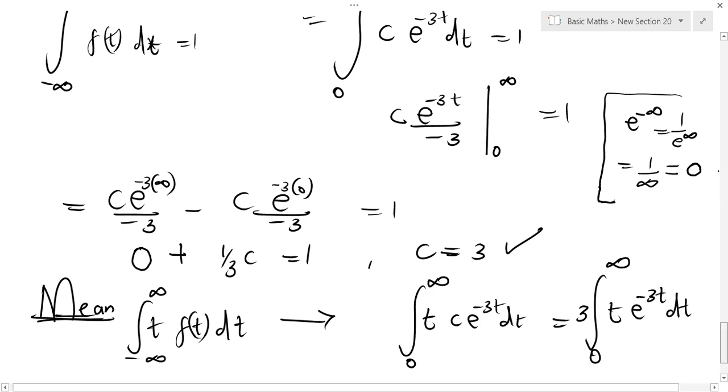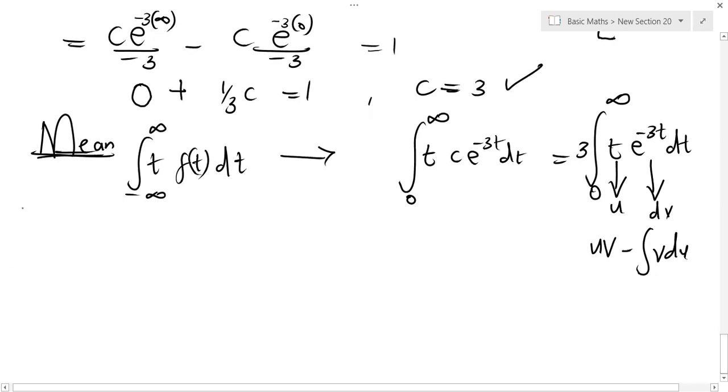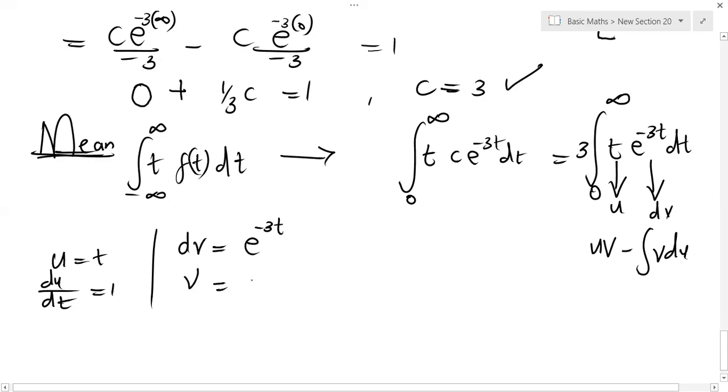Then we integrate this using integration by parts. Let this be u, let this be dv, and then we evaluate uv minus the integral of v du. If u is equal to t, then du dt is 1. If dv is equal to exponential minus 3t, to get v we integrate this and we have exponential minus 3t over minus 3. Replacing these values in the formula, remember we had 3 outside.